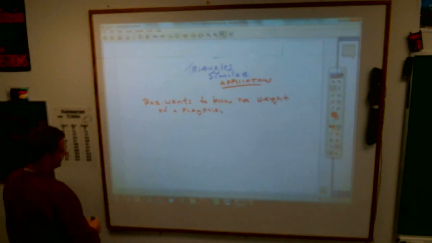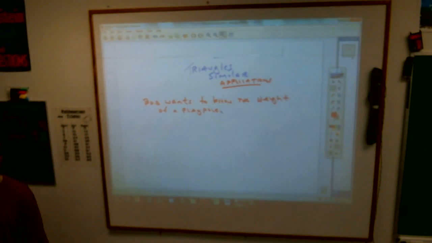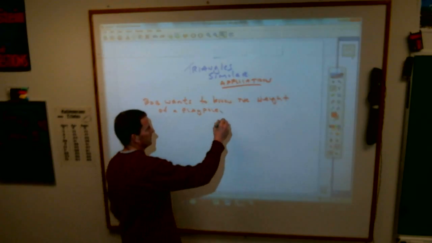So anyways, here's what's going to happen here. Bob wants to know the height of the flagpole. Keith knows that it obviously deals with triangles because that's what our section is here. Here's what it says. He stands a meter stick in a vertical position and finds the length of its shadow.